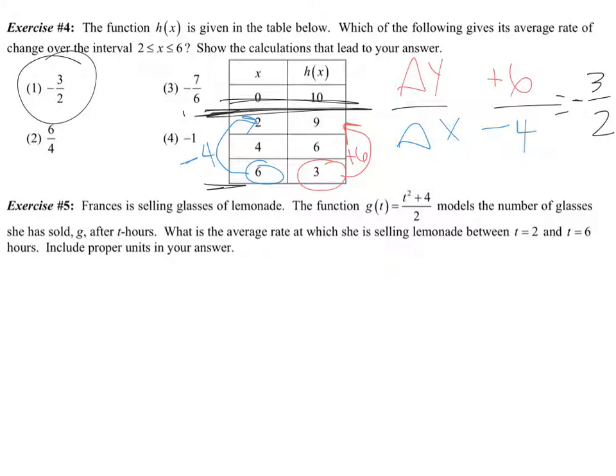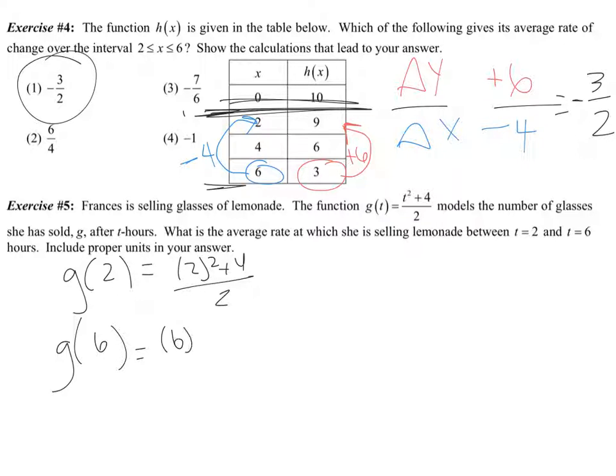Exercise 5. Frances is selling glasses of lemonade. The function g of t models the number of glasses she has sold after t hours. What is the average rate at which she's selling lemonade? So first we need to find g of 2, and then we need to find g of 6. So g of 2 is going to be 2 squared plus 4 divided by 2, and g of 6 is going to be 6 squared plus 4 over 2.